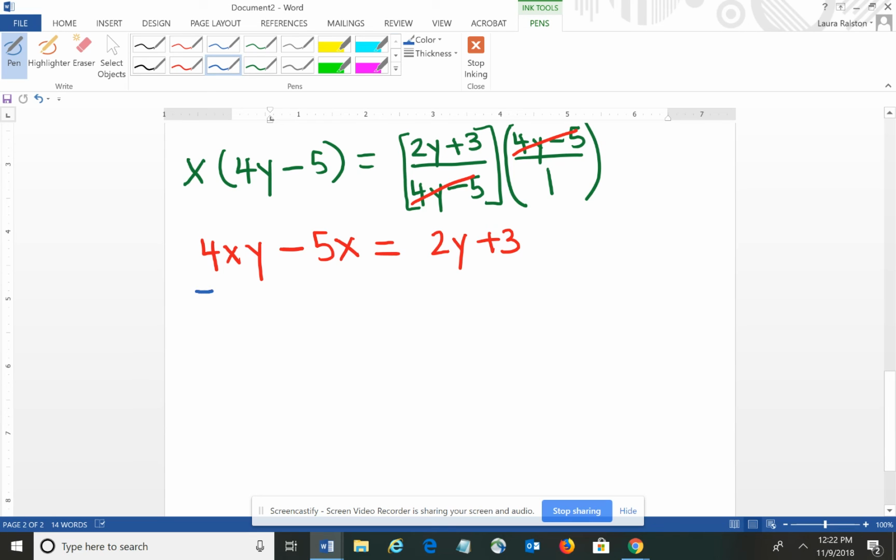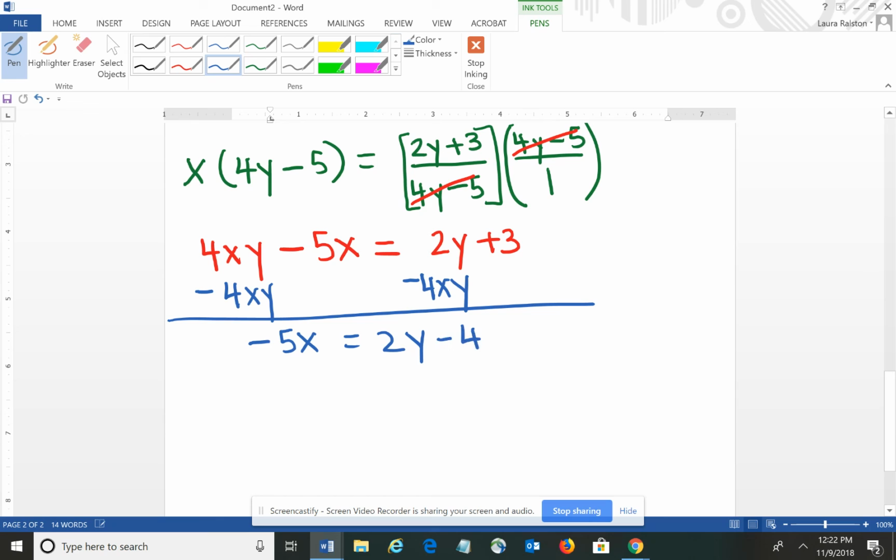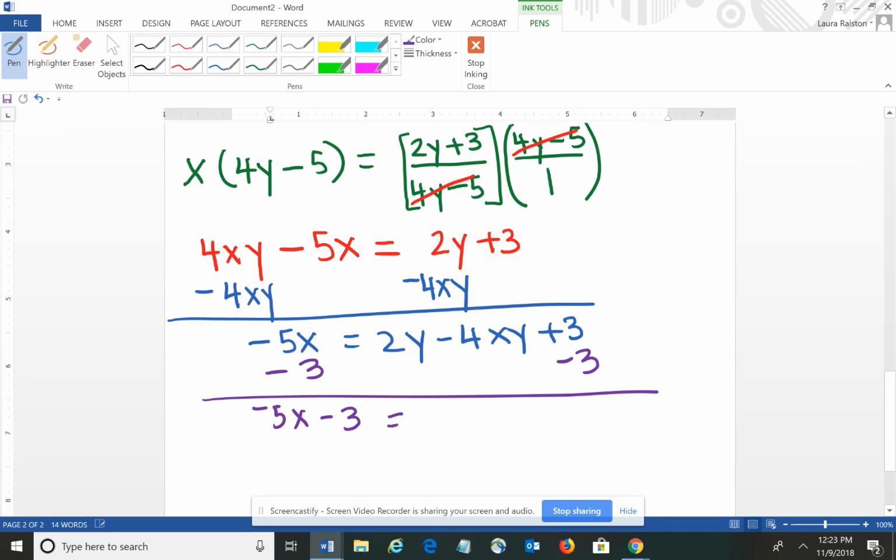So to get the y's together, I'm going to subtract 4xy from either side, which gives me negative 5x equals 2y minus 4xy plus 3. Then I need to move the 3 to the other side to isolate the y's. So I'm going to subtract 3. So I have negative 5x minus 3 equals 2y minus 4xy.